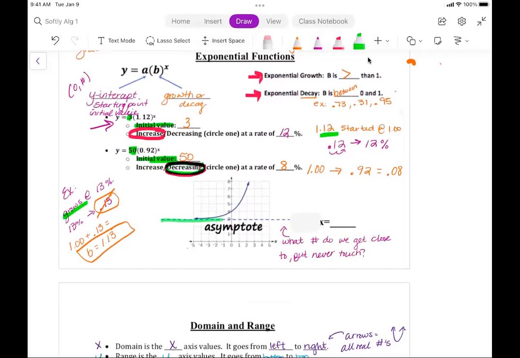When I'm right here, this would be my asymptote. It would be x equals what? What number are we getting close to, but we are never going to touch? Well, if I look closely, I went through number 3. So x equals 3. Let me rewrite that, make it a little prettier. x equals 3. So that's your exponential functions.